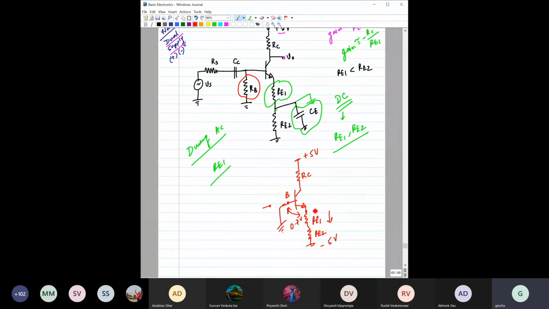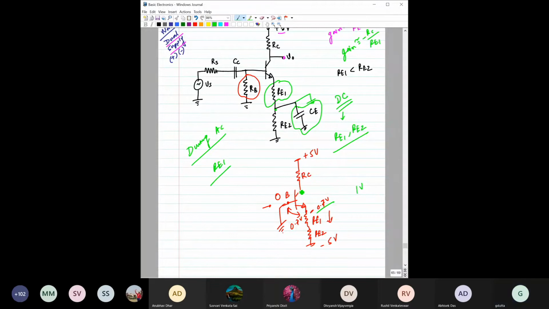That means, if this is 0 volt, then what should be the voltage here? Minus 0.7 volt, right? Are you getting my point? If it is not 0.7, if it's suppose some plus value, say plus 1 volt, then again the transistor would not be on.